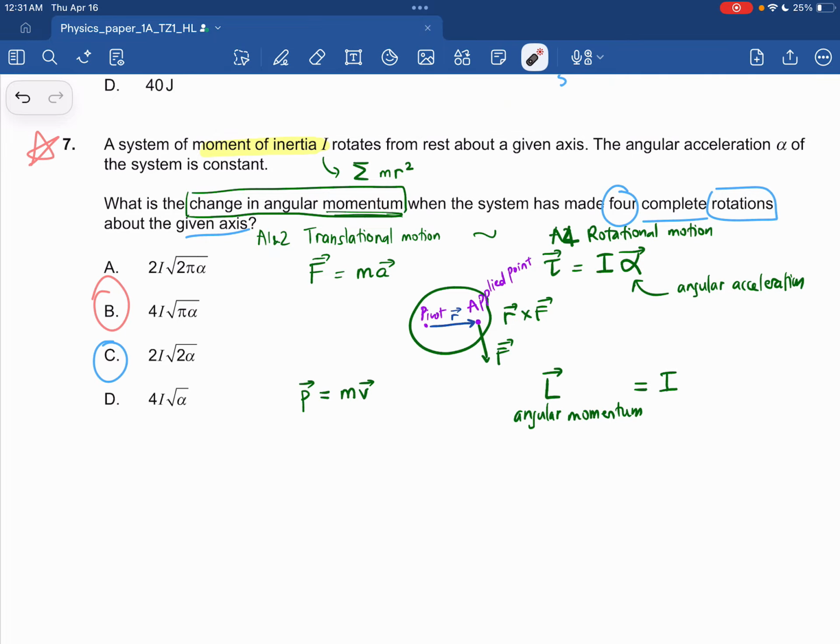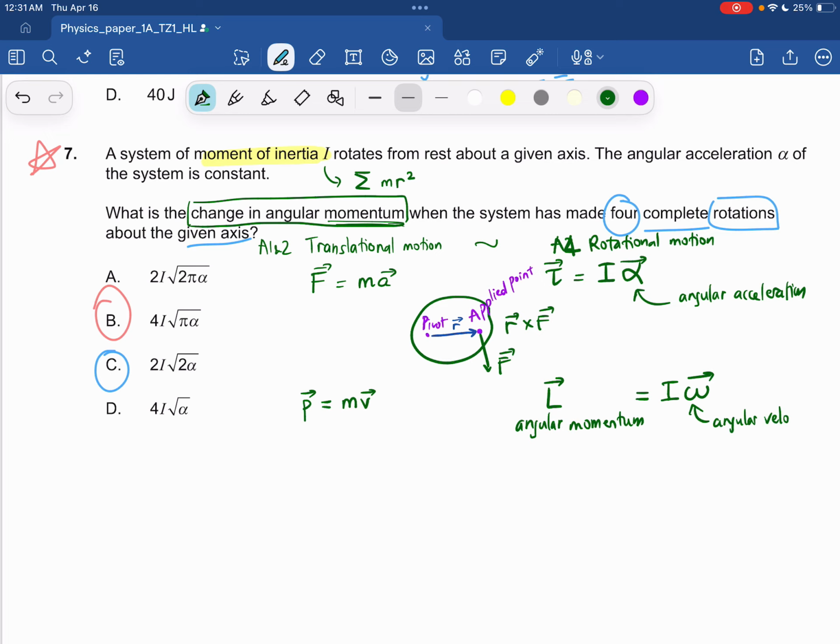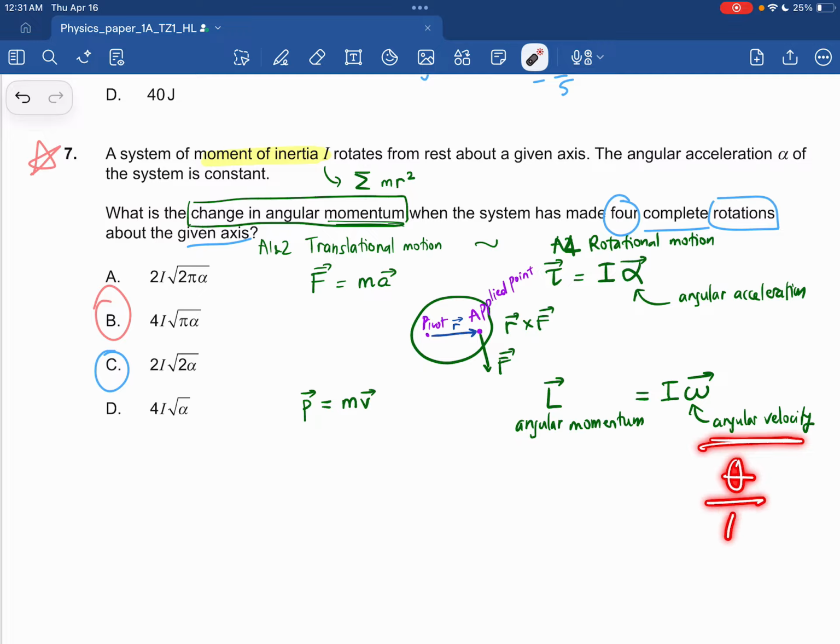Similarly, instead of the linear velocity, we have another one named omega, and this is the angular velocity. It's just how much angle is swept over a unit of time, okay?